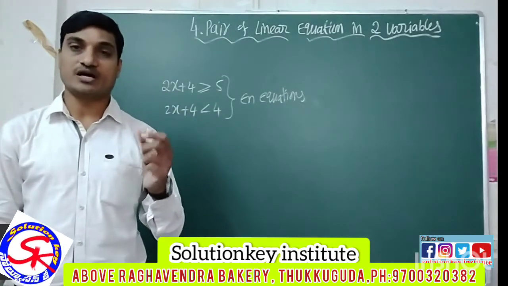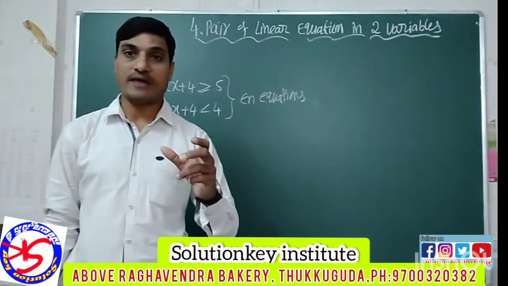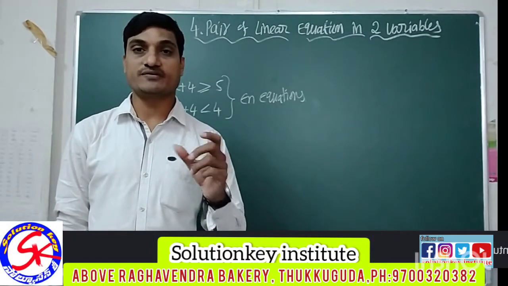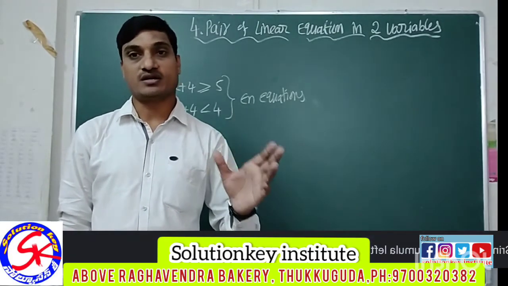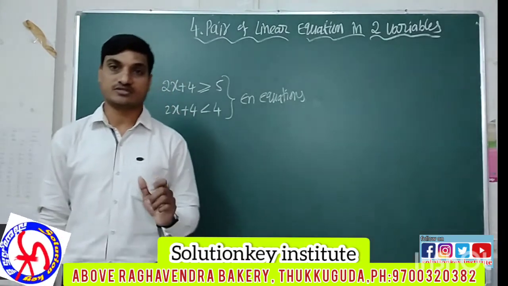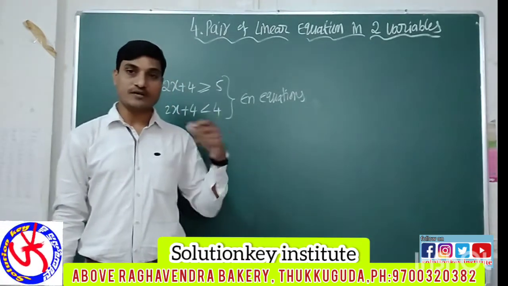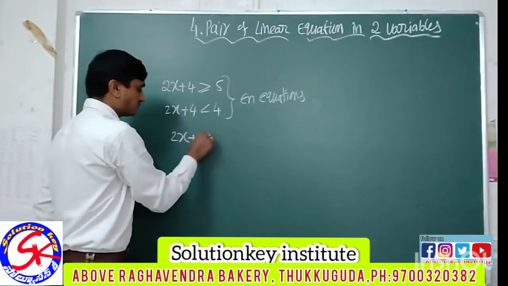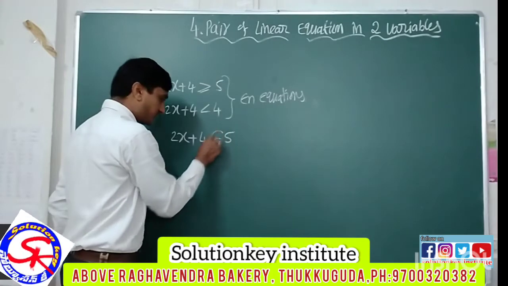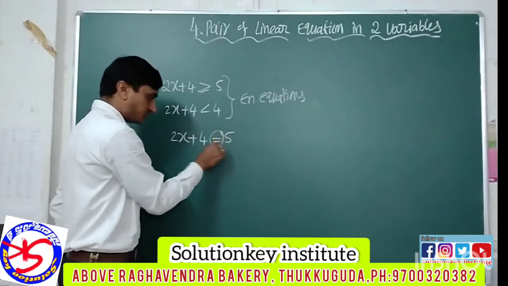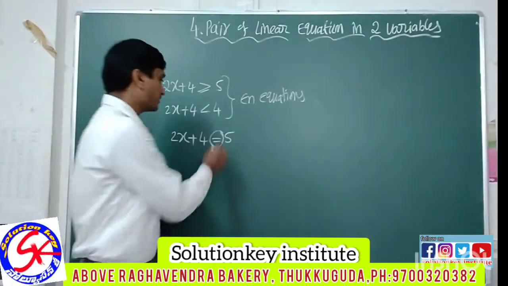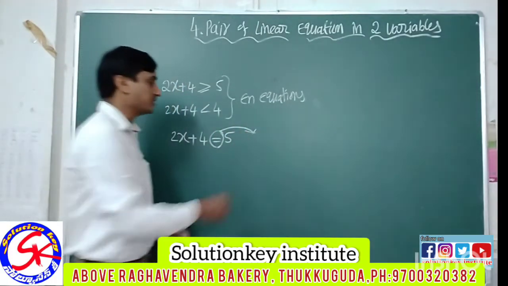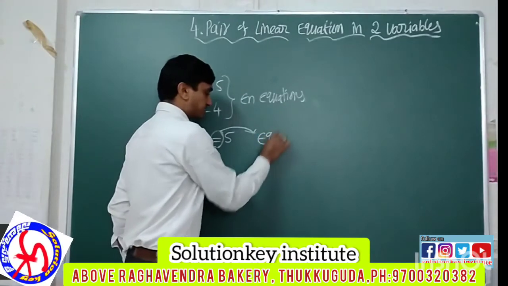Given terms having different symbols are inequations, which means these do not satisfy the given conditions for the variables. And if the given terms have an equal to symbol, for example is equal to 5, then those expressions are called equations.